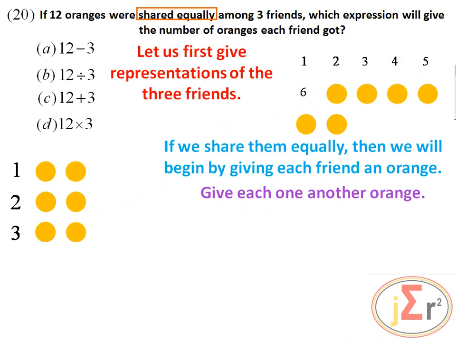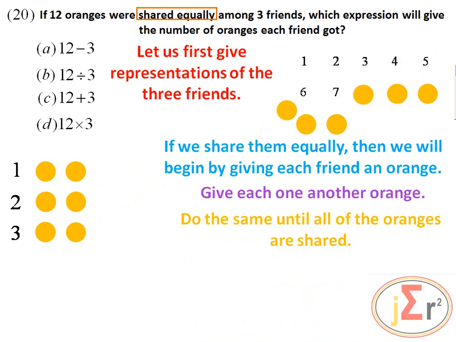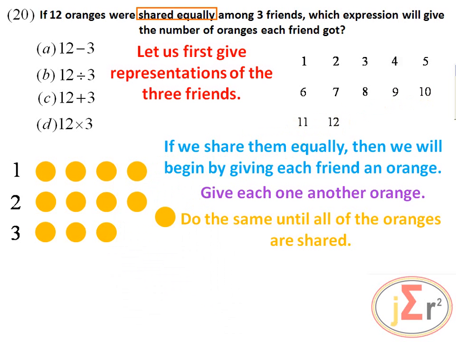Give each friend another orange. Okay, give each friend another, because we have to make sure that we do not give one friend 3 and then give the other 1. But when we are giving, we give each friend an orange round about the same time. So there we go. Oranges shared.